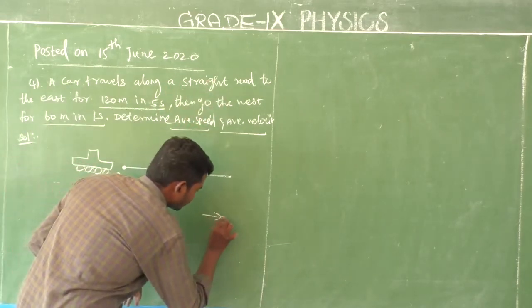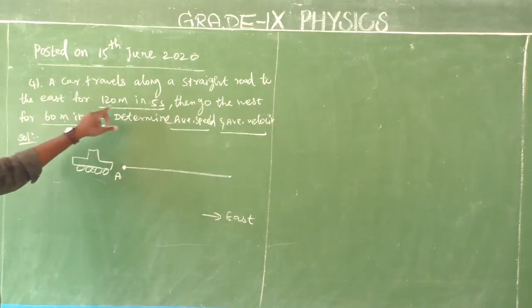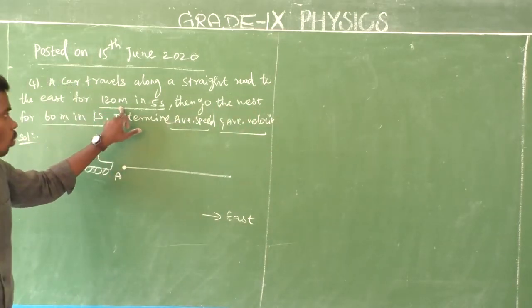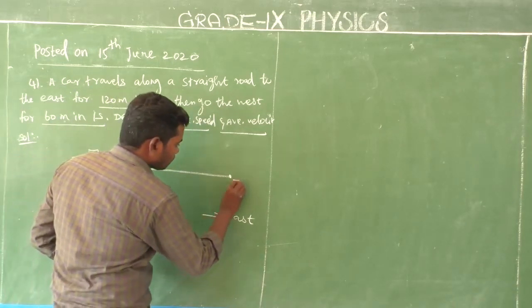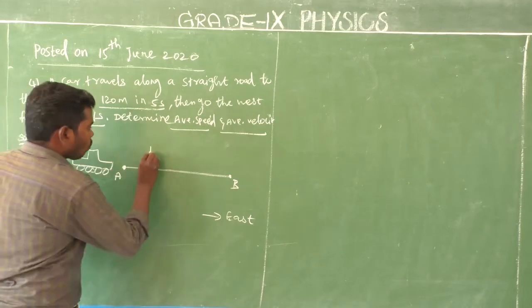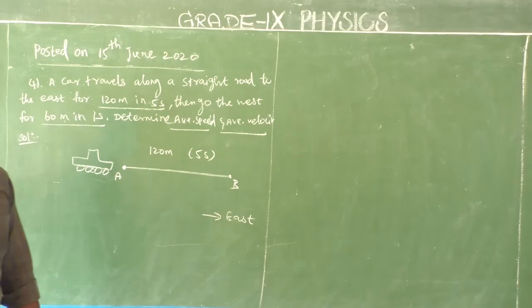This is east direction. For how much? 120 meters in 5 seconds. So finally the car comes to position B. Here the car has covered 120 meters in 5 seconds.